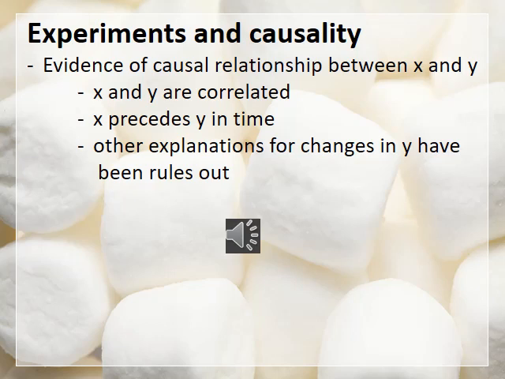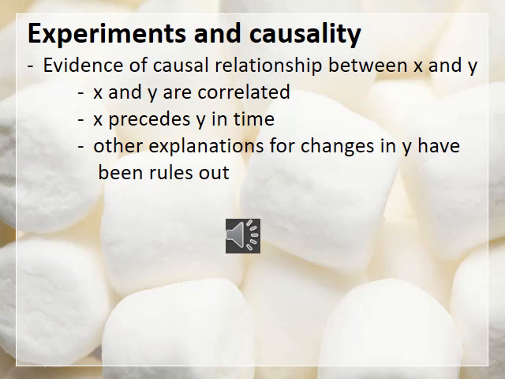Two variables must be at least correlated if we want to say that one causes the other. Second criteria, my explanatory variable must happen before my response variable in time. If both happen at the same time, it means there is a correlation, but not necessarily a causation.